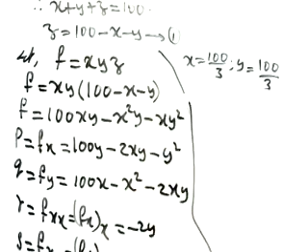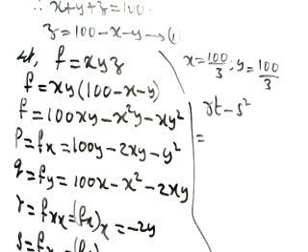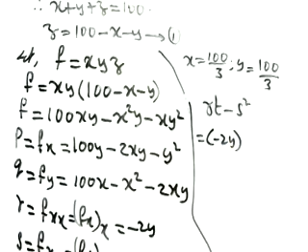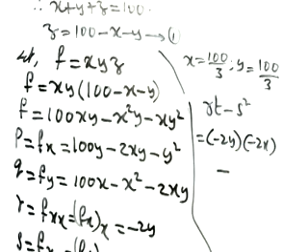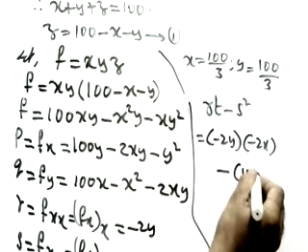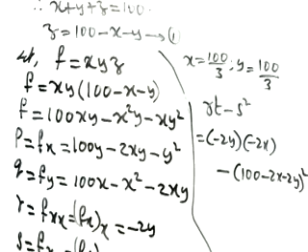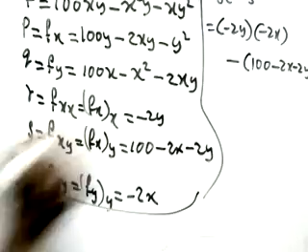So let me first find RT minus s square. RT minus s square equals R value, which is minus 2y, into t value, minus 2x, minus s square. Sorry, s is 100 minus 2x minus 2y, whole square. So let me do it here. Watch carefully.